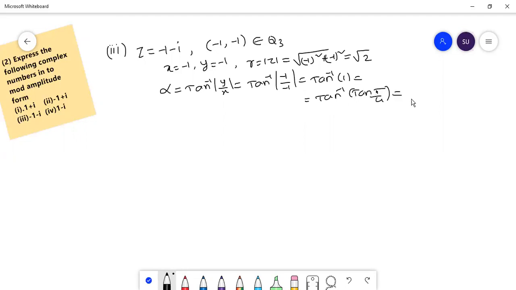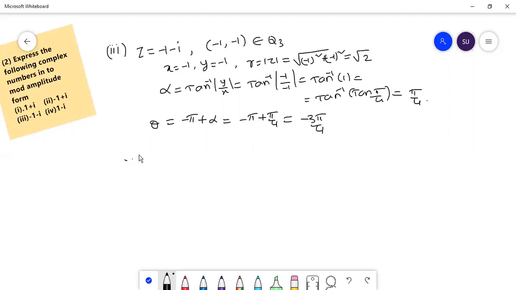Now tan inverse of tan theta is theta, so this is pi by 4. Clearly it belongs to Q3. As we already know, under Q3 theta is equal to minus pi plus alpha, that is equal to minus pi plus pi by 4, which means minus 3 pi by 4.